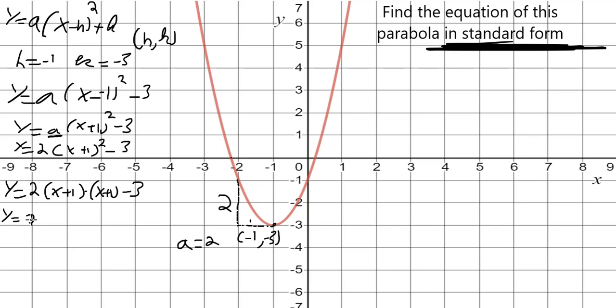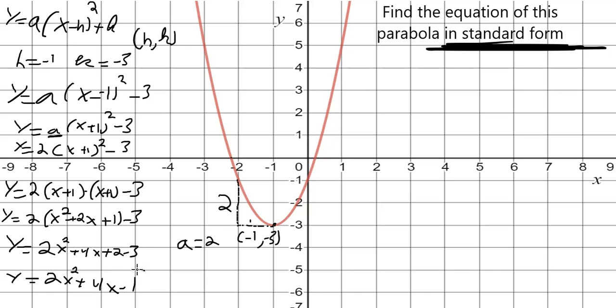So y equals 2 times, I'm going to distribute, x times x is x squared, x times 1 is x, and then plus x times 1 is x, so that's plus 2x. 1 times 1 is 1, and then minus 3. I'm going to distribute the 2 to get y equals 2x squared plus 4x plus 2 minus 3, to give me the final equation, y equals 2x squared plus 4x minus 1, once I've combined like terms.